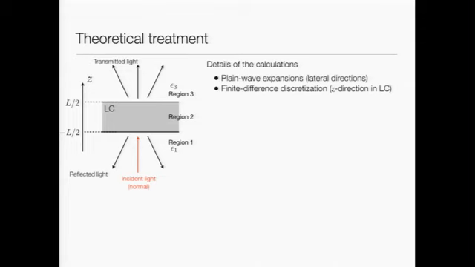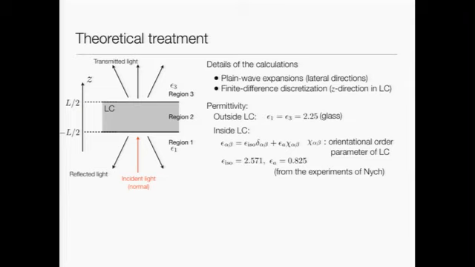Now I have to skip all the details of the numerical calculations. But again, I wanted to calculate the profile of the transmitted light and reflected light, and the electric field inside the liquid crystal.